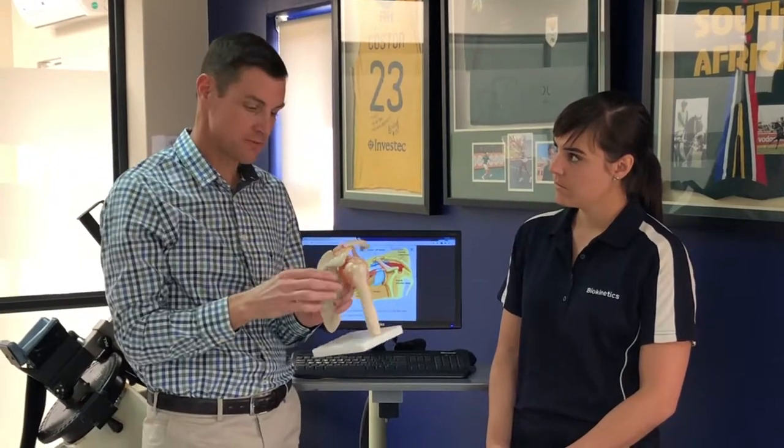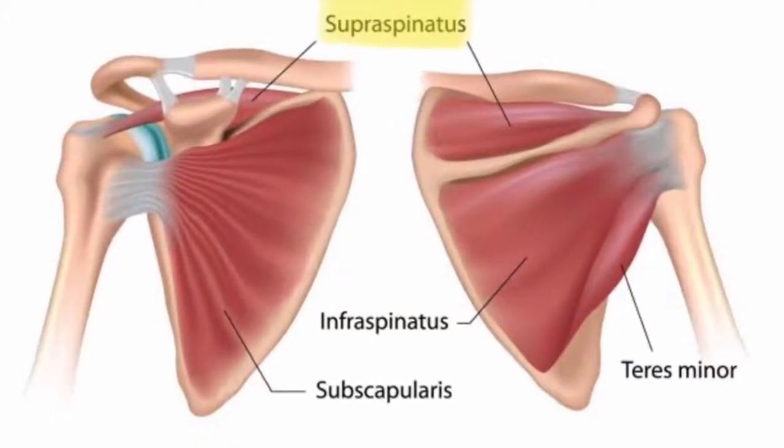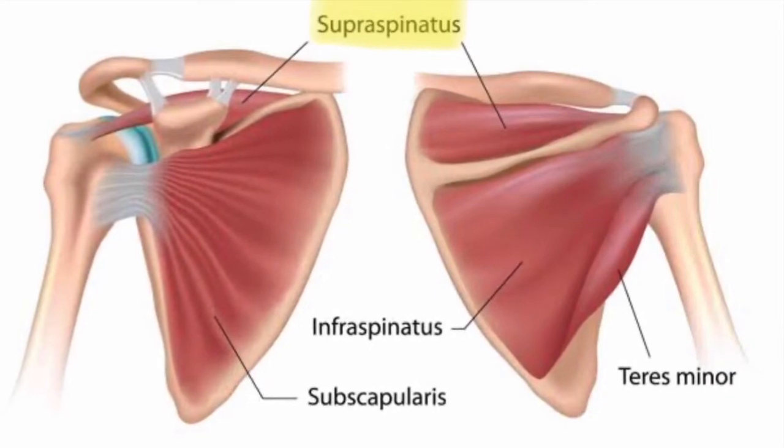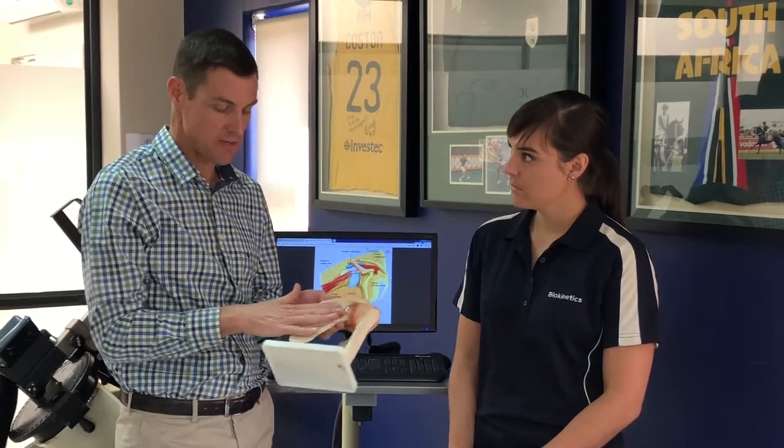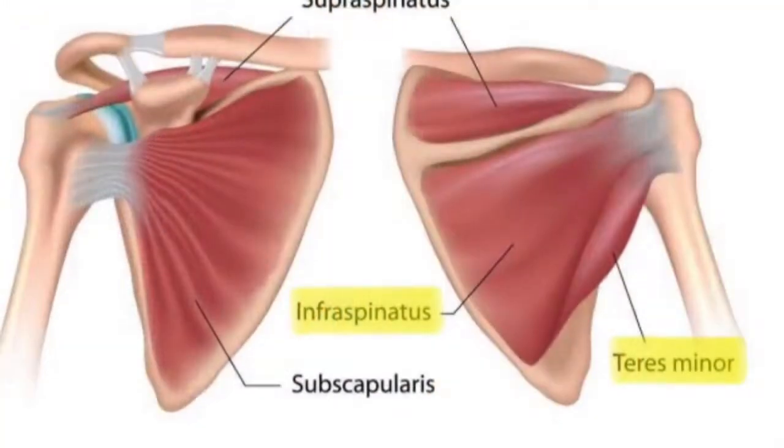When that contracts, you get an elevation movement. And then the 2 external rotators, your infraspinatus and your teres minor, attach onto the back of the greater tuberosity, giving you that external rotation movement.